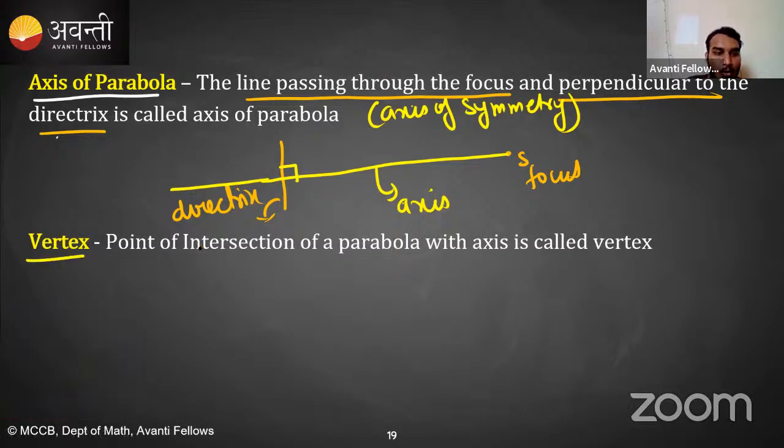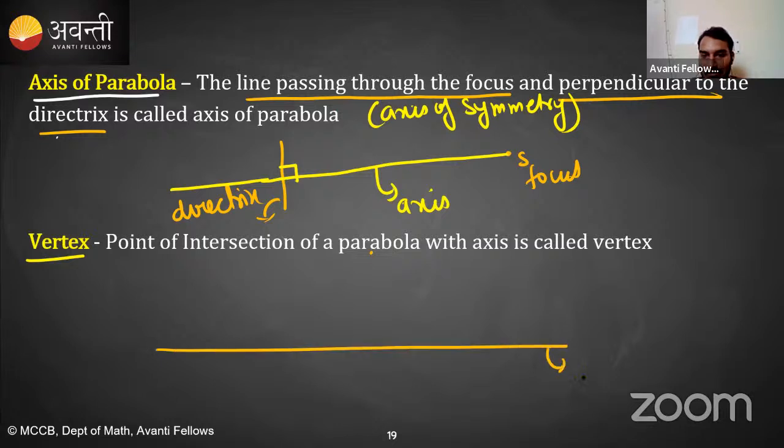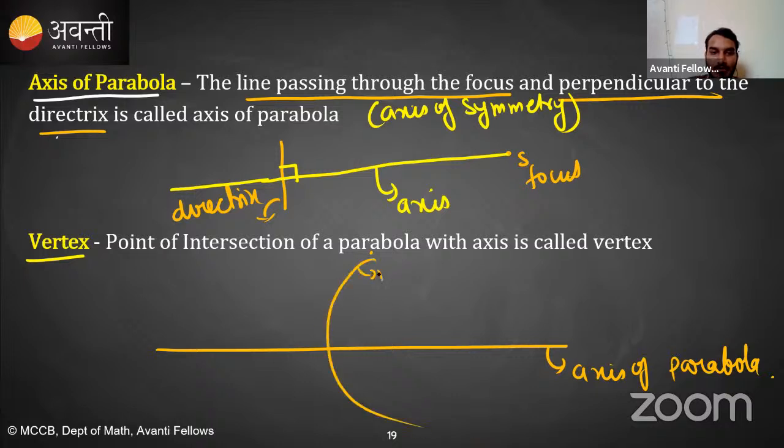Okay, very good Ajit. Okay, what is vertex? Vertex is nothing but the point of intersection of the parabola with the axis. Means, let's say this is the axis of parabola, and this is our parabola.